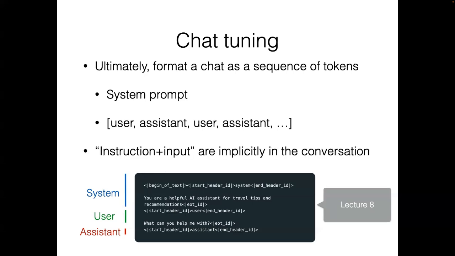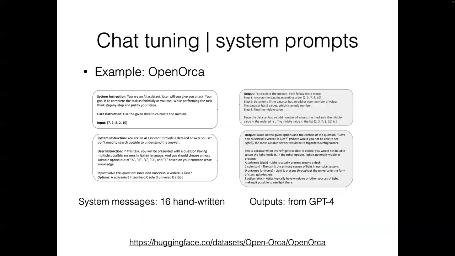The third thing is that if you think about having a conversation with ChatGPT, you don't necessarily say, okay, here's my instruction, here's the input. You just say, do this, and somewhere in there is the input and the instruction. So the first difference was the system prompts.